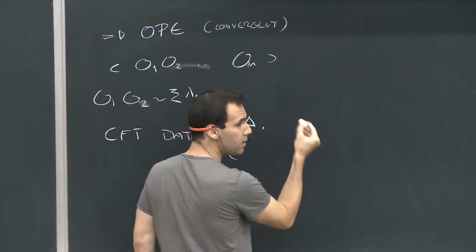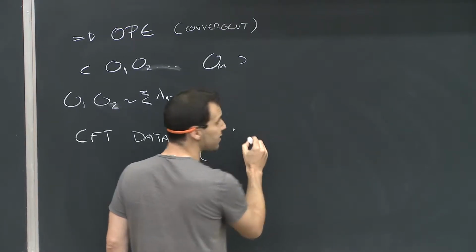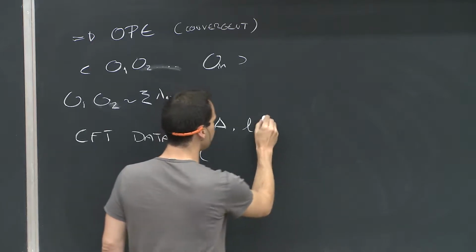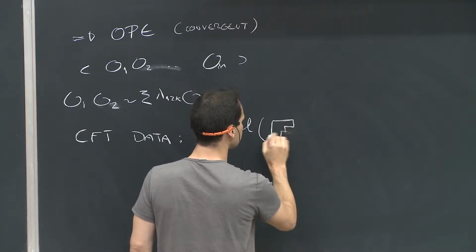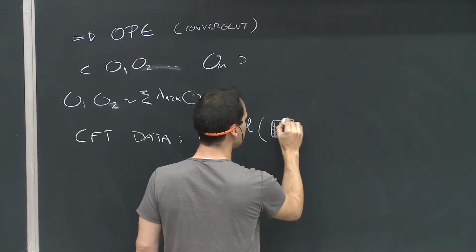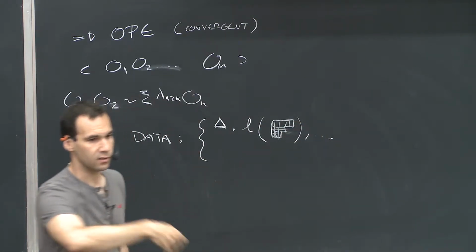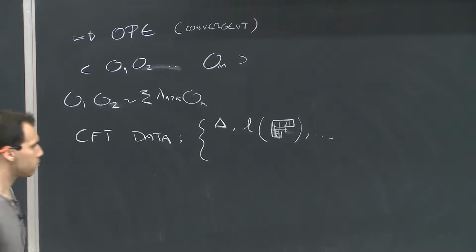Then the spin quantum numbers. So for instance, if it's a traceless symmetric representation, then it's just a number, L. But in general, you have some Young tableau, so some representation of SO(d). And then there could be other quantum numbers like electric charge or whatever, charges under some global symmetries.